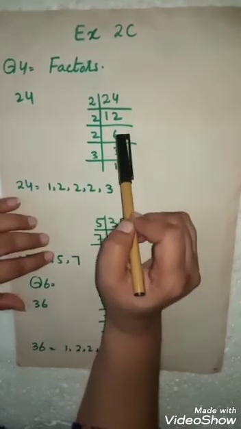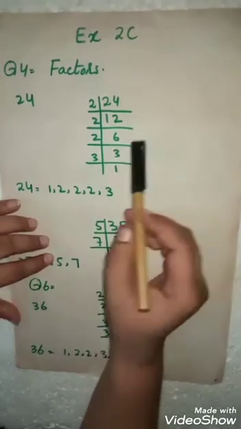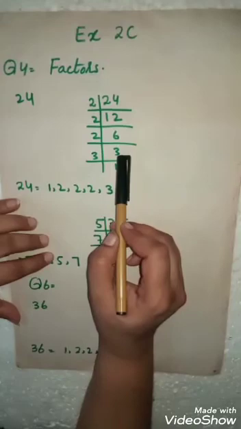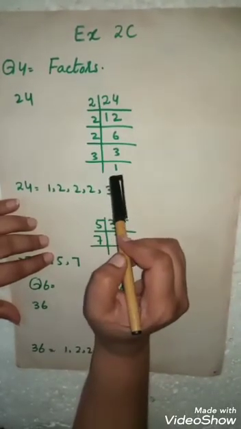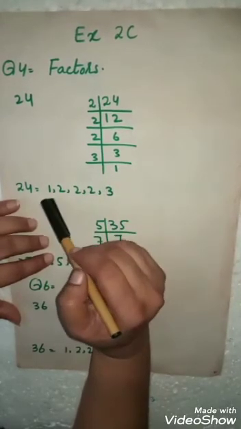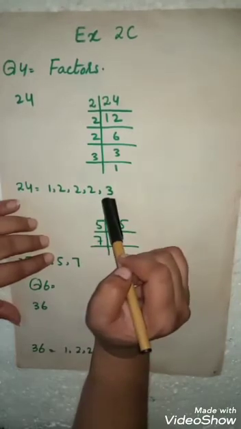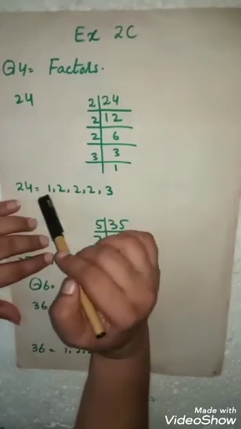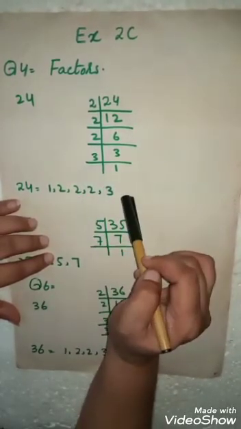Here we have 6, which is also divisible by 2: 2 3s are 6. Students, here we got our prime number, so it will be divisible by itself: 3 1s are 3. So here we got all of our factors. You will write them in sequence, first the smaller number, then greater, and at last the greatest number. So the factors of 24 are 1, 2, 3, 4, 6, 8, 12 and 24.